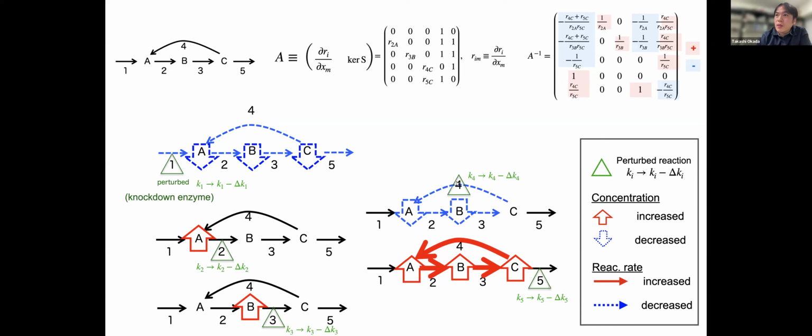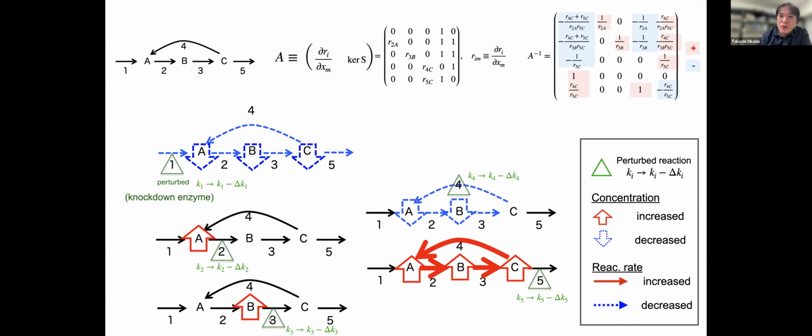For example, this means that the perturbation to reaction 4 decreases the concentration of A and B. And a bit surprisingly, the concentration of C is not affected, even though C is downward of the perturbed part.